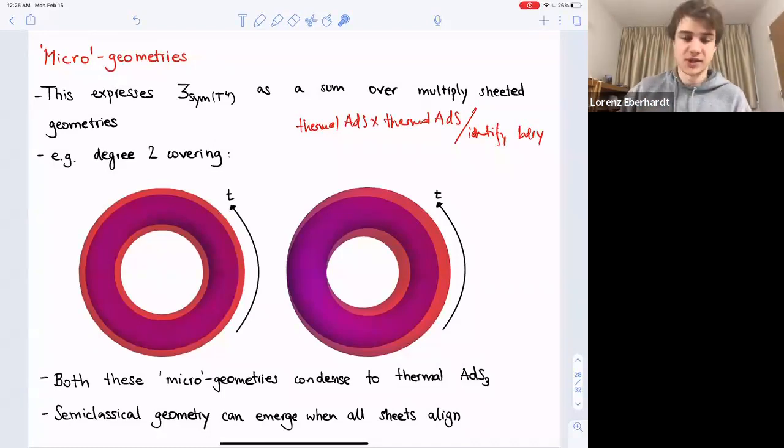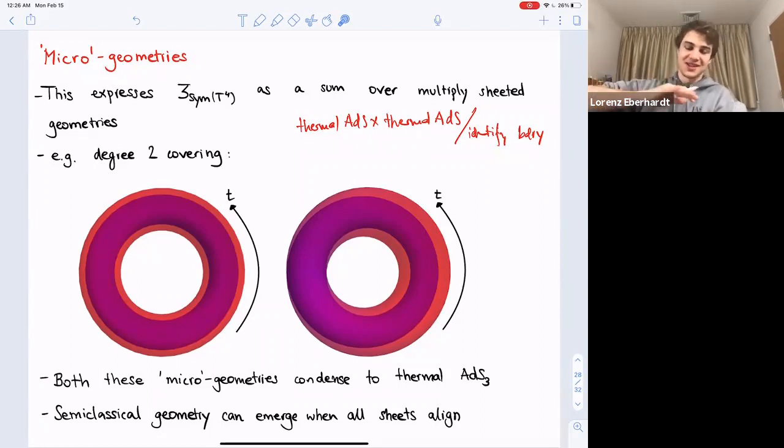And in this picture it is sort of easy to see what this condensation means. If we go again with the chemical potential close to the pole, then these worldsheets, or these filled-in worldsheets, condense to bulk geometries. Basically now you can get the pole whenever all these sheets of the geometry align.